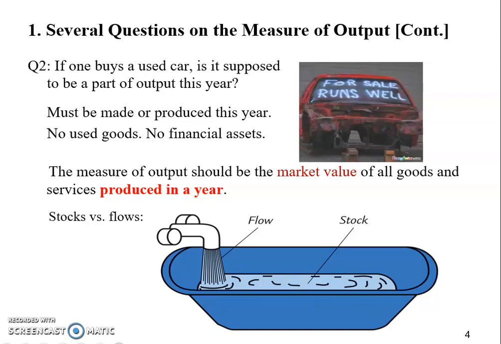And when I ask you how many gallons of water are coming out of the faucet per minute or per hour, that is a flow variable.